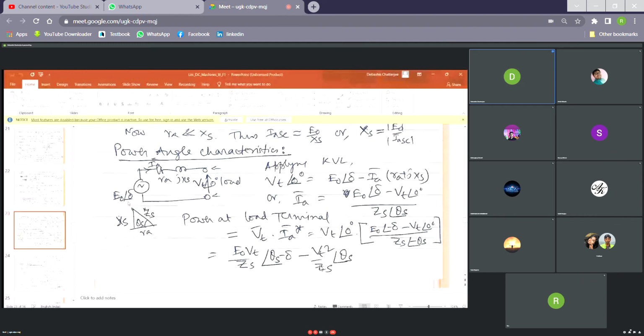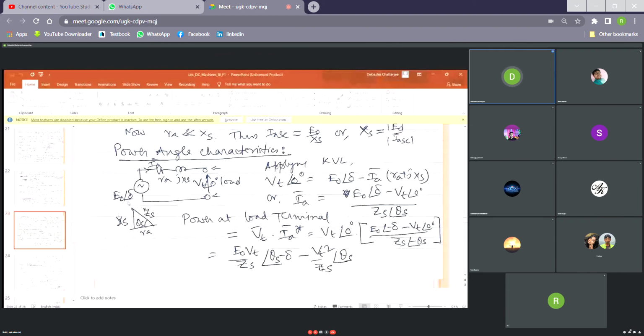Now considering that it is a generator, you can apply Kirchhoff's voltage law in the circuit given. Vt is actually E0 minus Ia into (Ra plus jXs). From which you can calculate Ia, which is E0 angle delta minus Vt angle 0° divided by Zs.